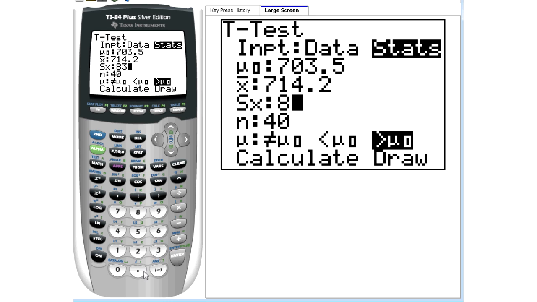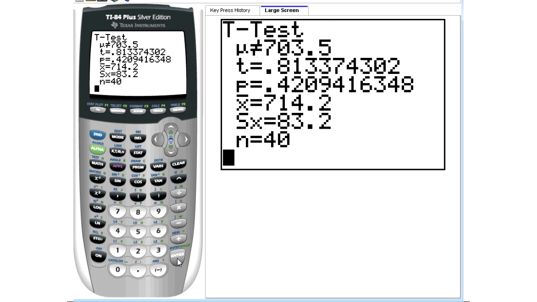Then we have our X bar, 714.2, and our N of 40. This is a two-tailed test. A not equal is a two-tailed test, and that's what that last line is asking me for. So I go to calculate, and I get a p-value of 0.4209. The other value on the calculator, the t-test statistic, is exactly what you would get if you found the test statistic by hand.